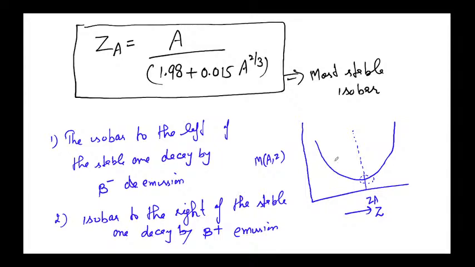So you can say this side, the nuclei will probably decay by beta minus or electron emission, and this side, there is probably positron emission. So let us try to do some numericals related to this.